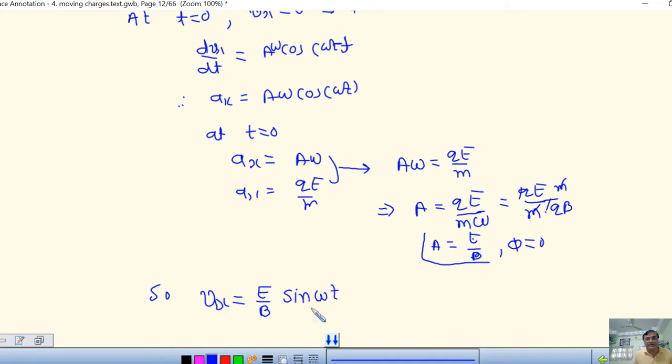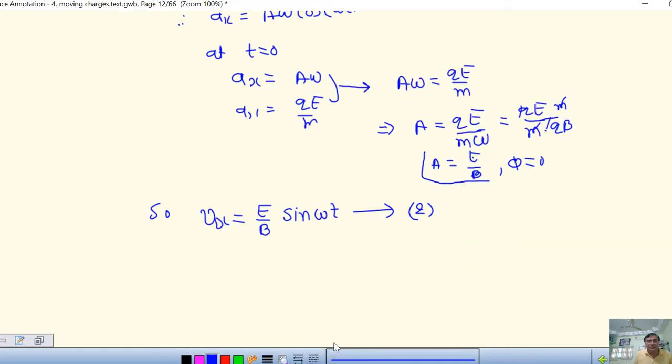So this is our vx, let us say this is equation 2. We got vx. Now from vx, I want the x component. This is nothing but dx by dt, so e by b sin omega t.